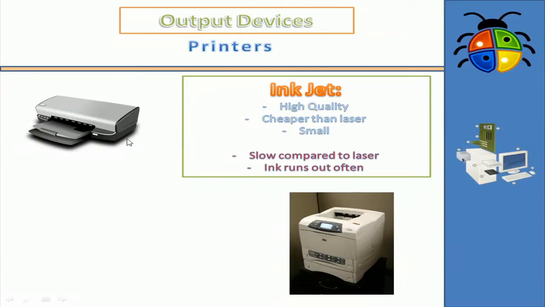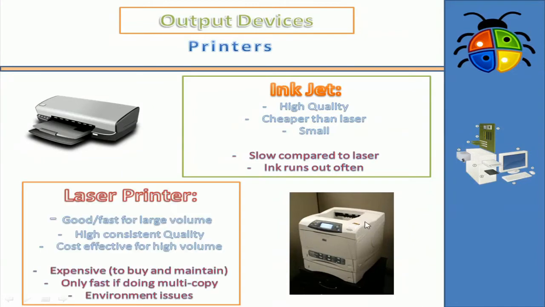Another alternative is the laser printer. Laser printers are really good if you're in a company that's going to be printing many copies of the same thing, like industrial printing. So they're good for large volumes, and they have very good quality, and it's consistent quality.